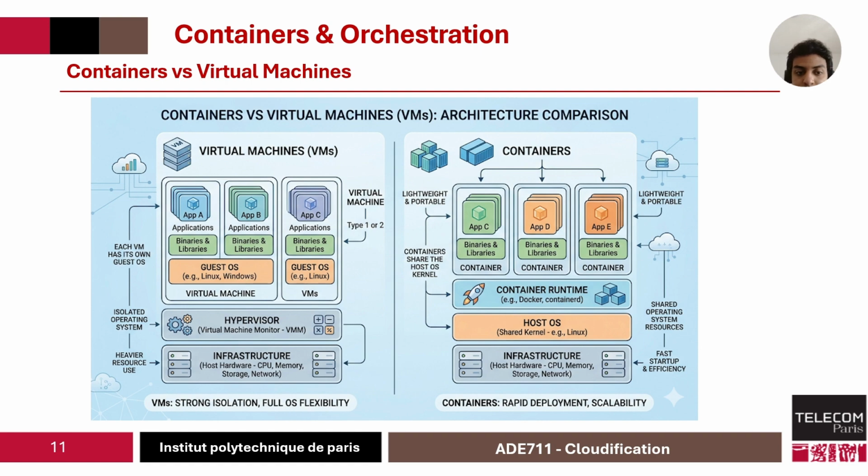To do that, you need a hypervisor. Think about VirtualBox created by Oracle. It's a platform where you can have a lot of virtual machines running on the same device.